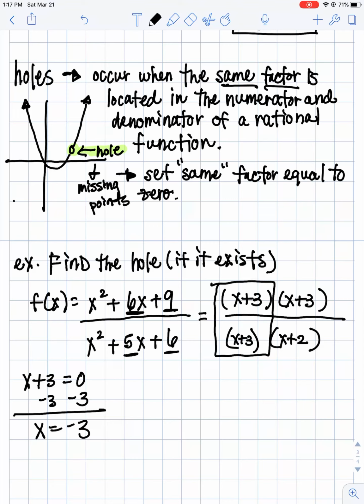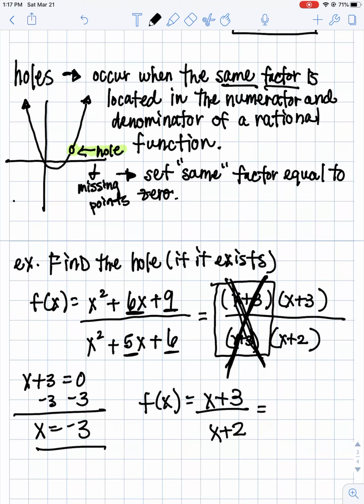But guys, you plug in after you simplify. So if I have an x plus 3 and an x plus 3, if you divide x plus 3 by x plus 3, these x plus 3s are going to cross out. You got it? Or cancel out, divide out. And so what do you have left? You have f of x equals x plus 3 over x plus 2. And what was x? x was negative 3.